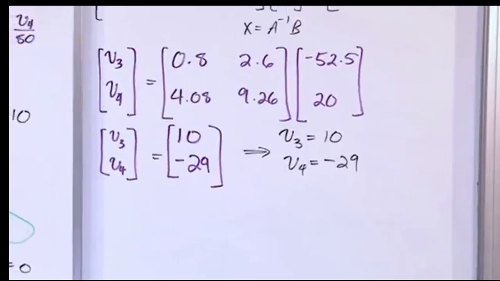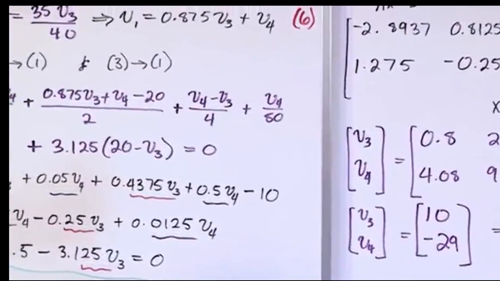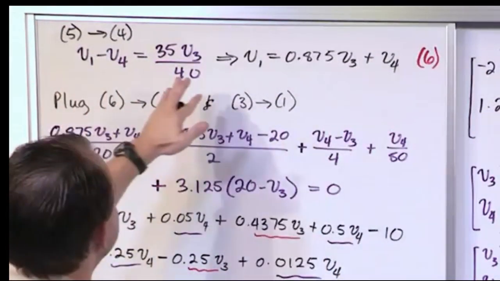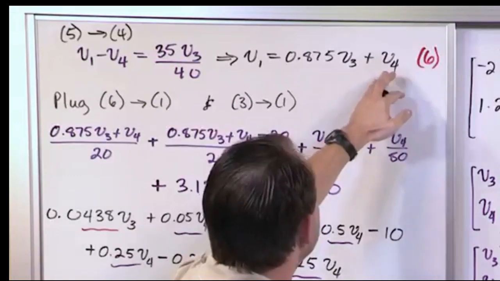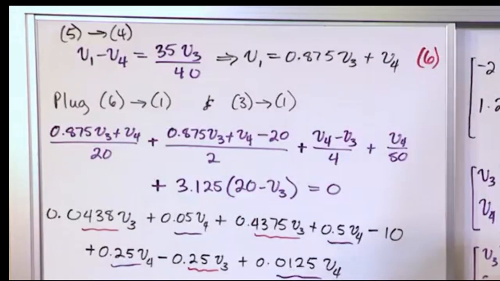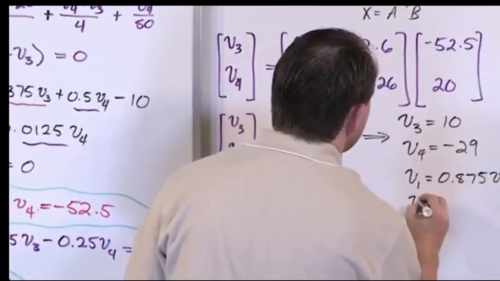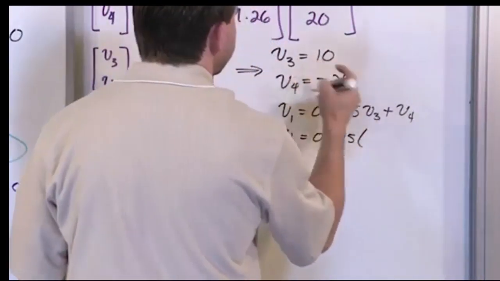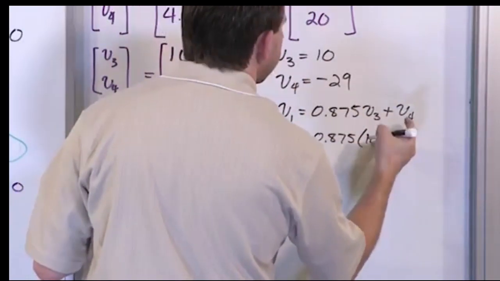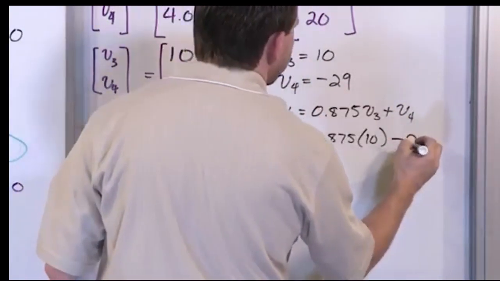So how do we find the rest of the node voltages? All right, so we go back up to our constraint equations. We have an equation for V1 in terms of V3 and V4, so we can find this. V1 is equal to 0.875 V3 plus V4. So V1 is equal to 0.875 times V3, which is 10, plus V4, so minus 29.